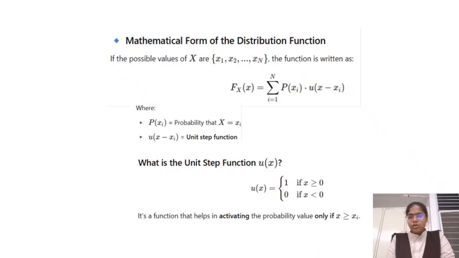Let us know what is the unit step function u of x. u of x is 1 if x is greater than or equal to 0, and 0 if x is less than 0. It's a function that helps in activating the probability value only if x is greater than or equal to xi.